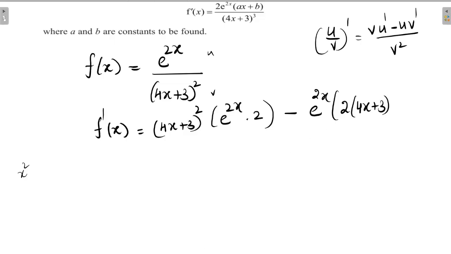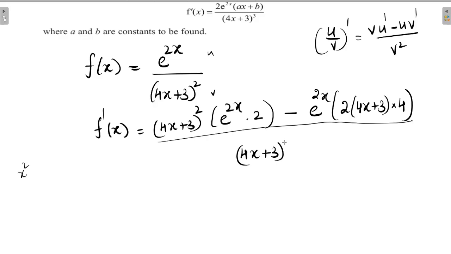Then this differentiation of this x terms, that is linear term, 4. So which is multiplied by 4. The whole divided by v square, that is 4x plus 3 the whole square, which is the denominator, the power 2 v square.